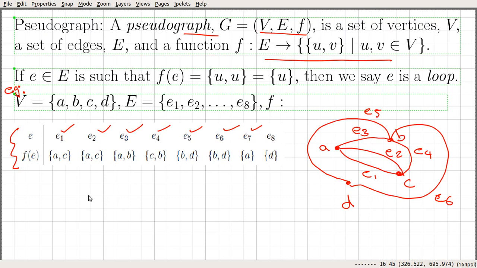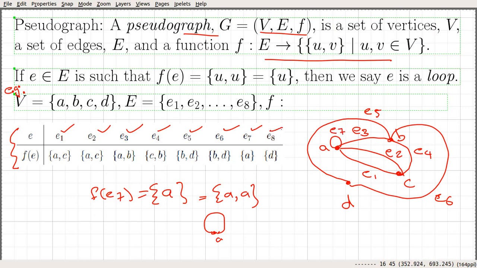In this case we can see that f of E7 is the singleton set A. So that corresponds to something like {A}, and that corresponds to a loop, since the set {A} is nothing but A. Because of that reason we have this loop here, and it is labeled E7, and E8 is also a singleton set. That corresponds to a self loop here. So that is E8.